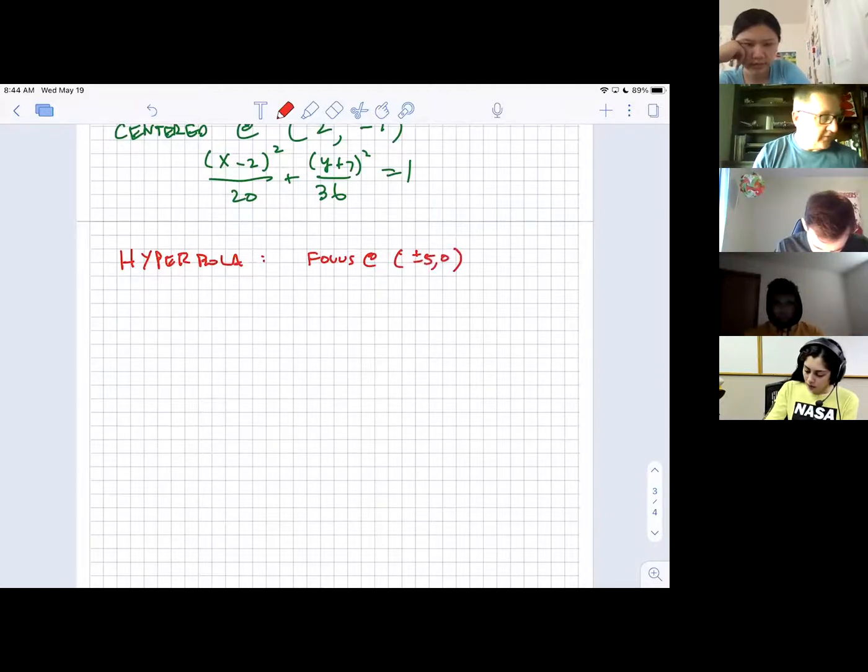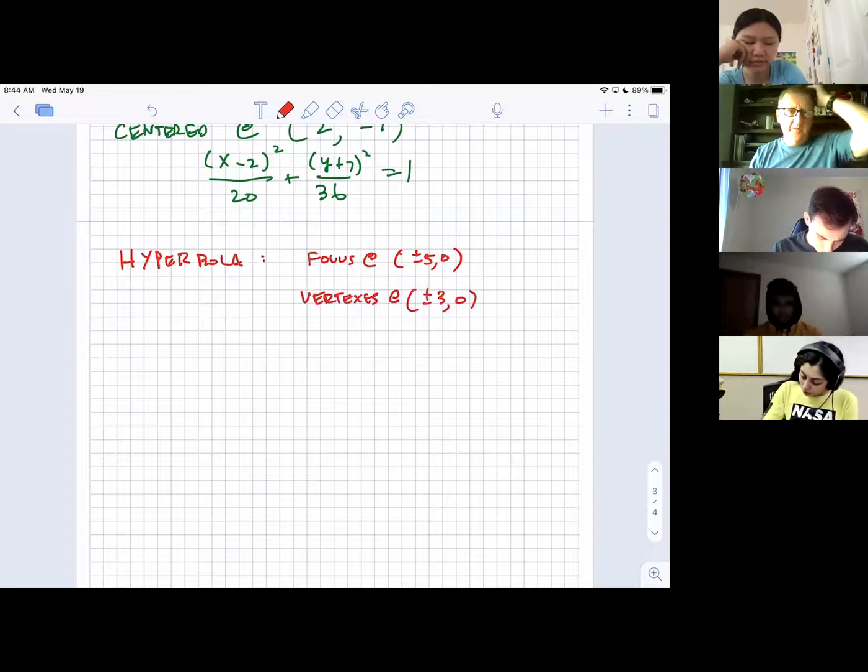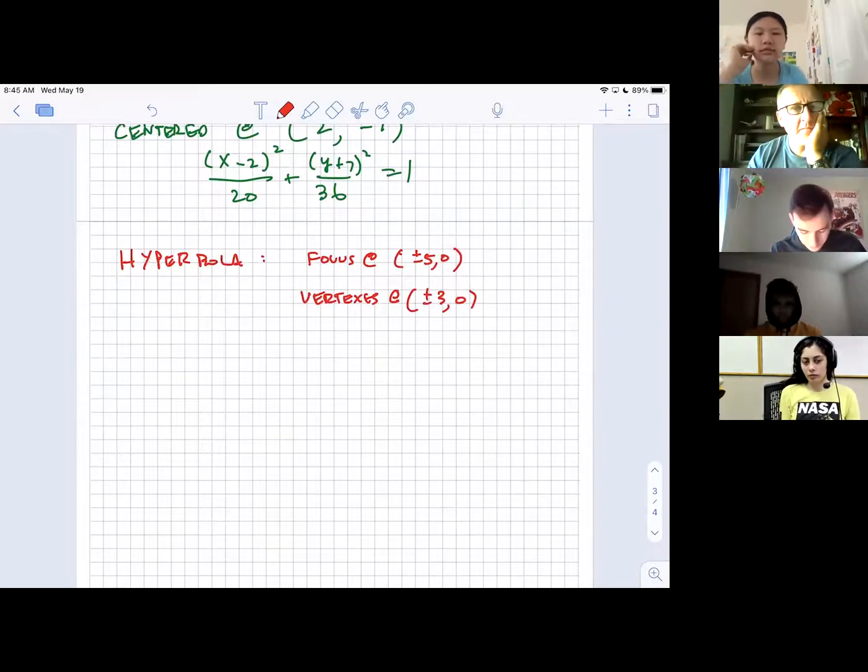So there are two focuses for this. And the vertexes, I'll say vertexes, even though that's wrong, are at ±3, 0. So if that ends up as a hyperbola, maybe afterwards we'll slide it to some other location.